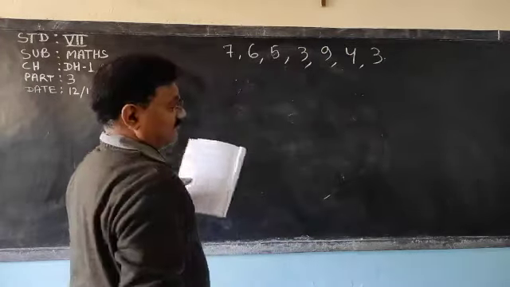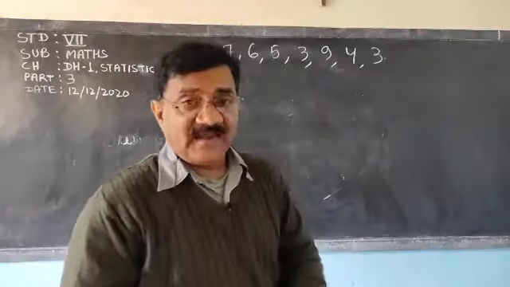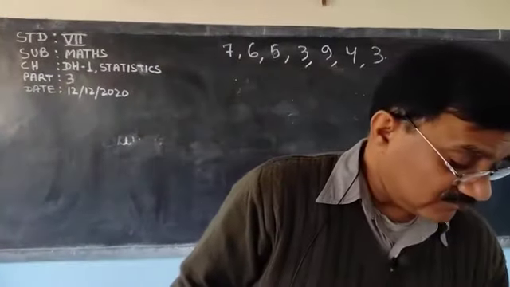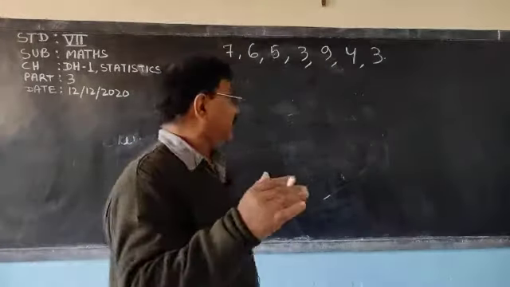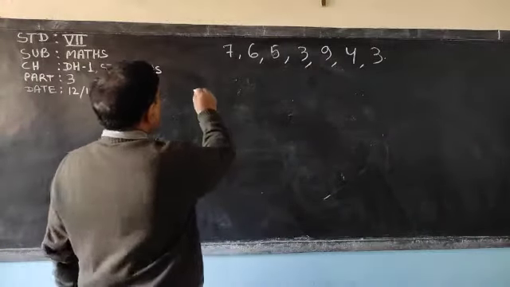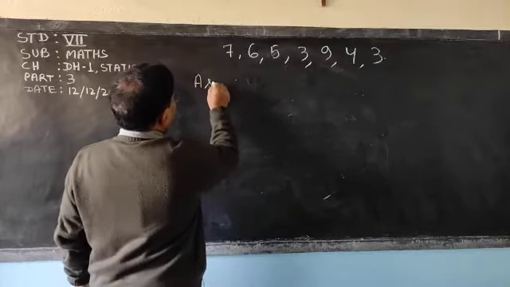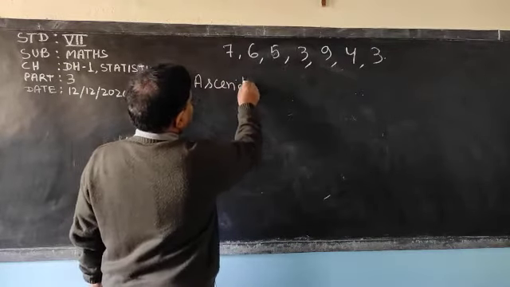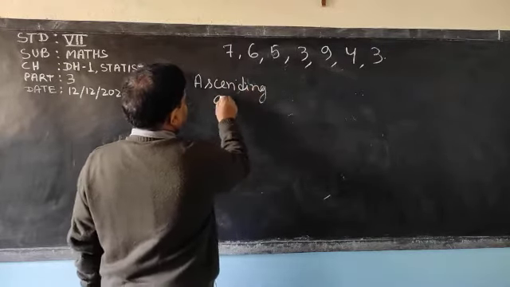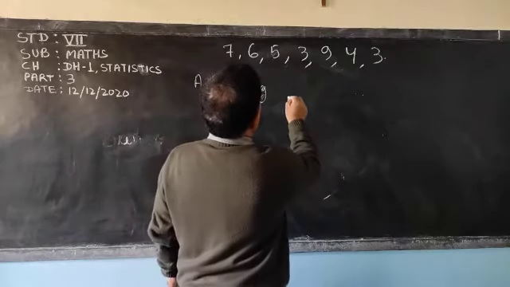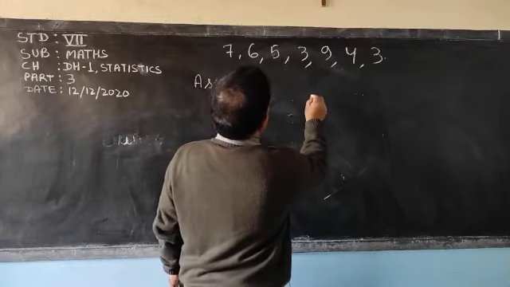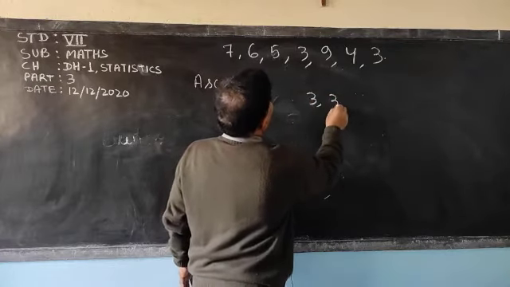Find median. Okay. Then what we have to do? Either we have to write in ascending order or in descending order. Okay, let us write in ascending order. Smallest one is 3. 2 3s are here. So 3, 3.